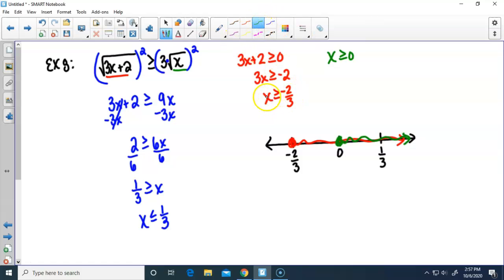So really this x is greater than or equal to -2/3 becomes unnecessary at this point. And then x is less than or equal to 1/3. So x is less than or equal to 1/3 is here. And remember, we're looking for where all three of these overlap, which happens right here. And so this is going to be 0 is less than or equal to x less than or equal to 1/3.